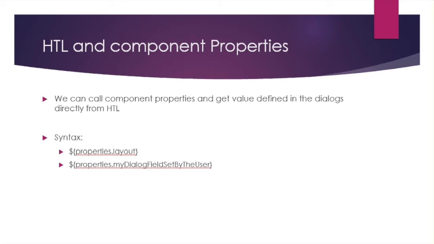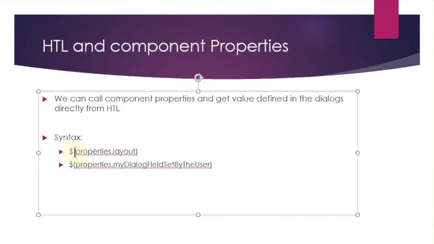The next thing is component properties. When you drop a component on a page and the dialog comes up, the authors can enter a title or pictures or whatever, and we can call those using ${properties}, and then whatever is defined in the dialog field.